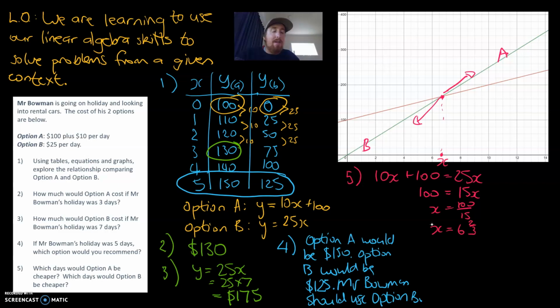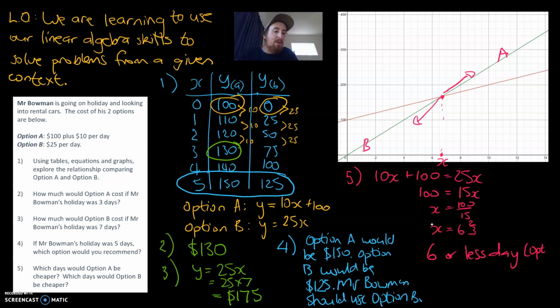And that's a good number for us because if you think of hiring rental cars, you can't really hire it for a part day. You get it for the day or you don't get it for the day. So what that number means is anything before 6 days, or sorry, let's change that to better language: 6 or fewer days, option B would be cheaper.